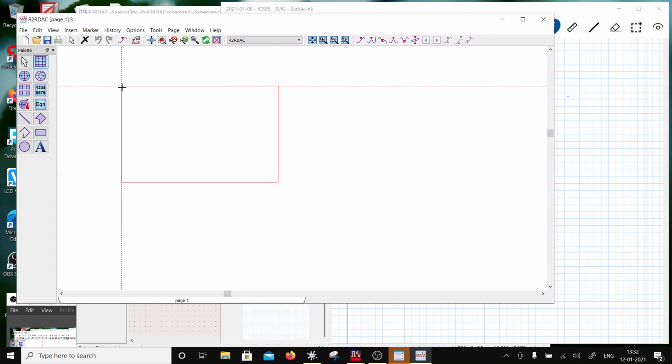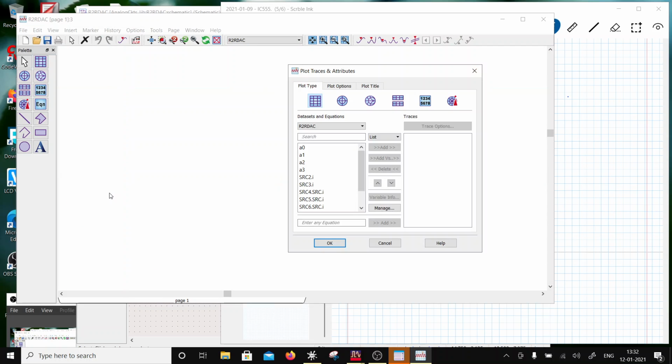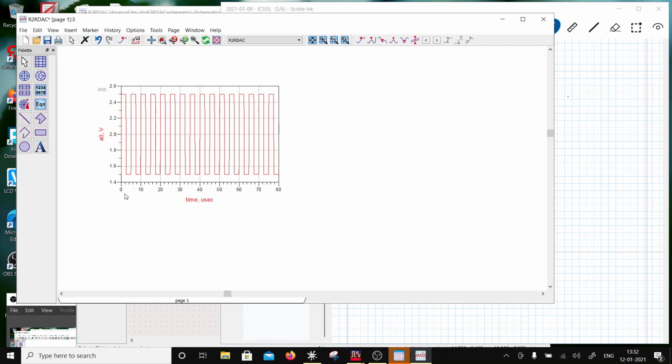Okay, so what I want to plot here is first all the inputs, right? So first I'm going to plot all the inputs here. So I have A0. Let me see if it's going from 0 to 2 point. 1.5 to 2.5. Yeah, so it is going from 1.5 to 2.5, right?